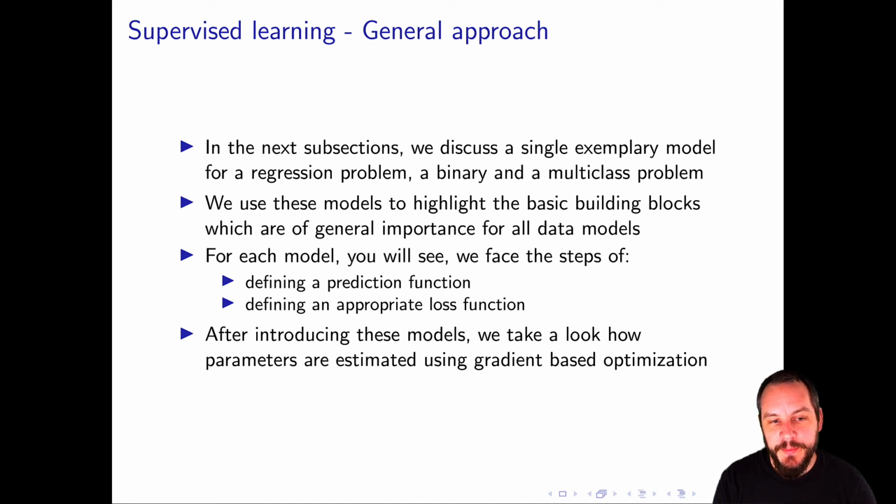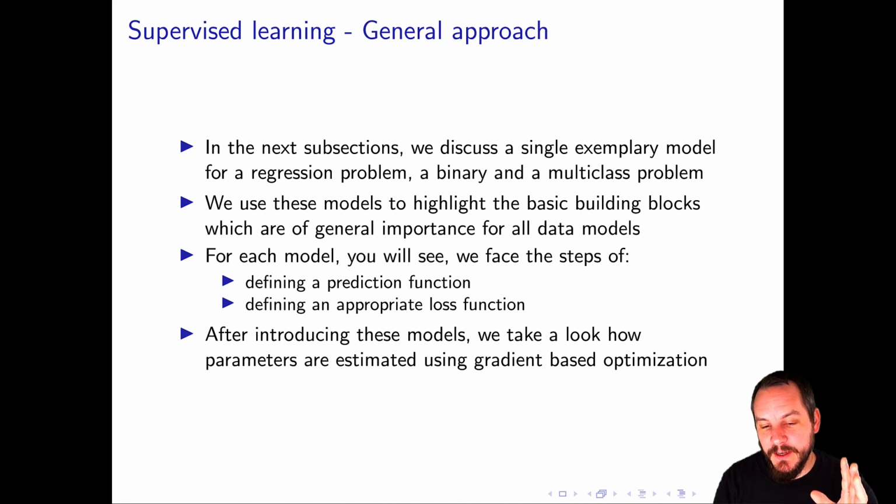All right, and after this, we will do this quite quickly, just so that you get an idea how the typical modeling approach works for different kinds of target variables. And after that, we will dig a little deeper, especially into how we are going to estimate the models.